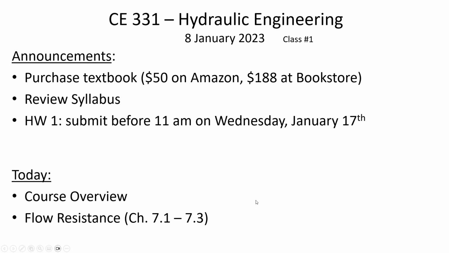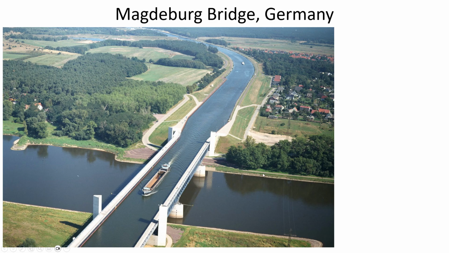The first part of the book is mainly fluid mechanics content that you had in Engineering 318. There are a lot of interesting hydraulic structures out there in the world. The Magdeburg Bridge is one of them that just kind of boggles the mind, because we're used to seeing roads that have an overpass, you know, one road going over another, because cars can easily go up a hill and then down a hill.